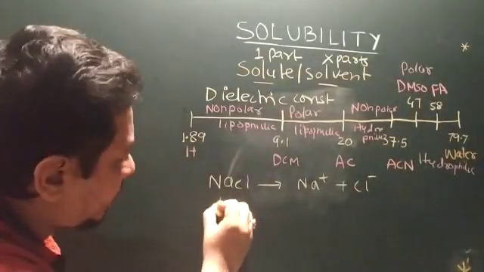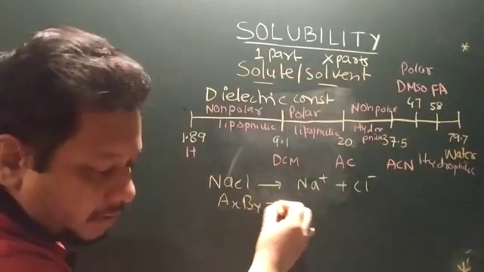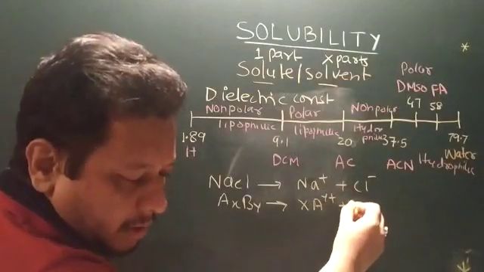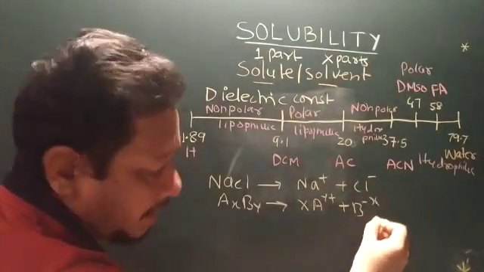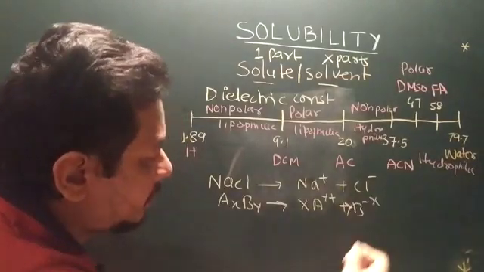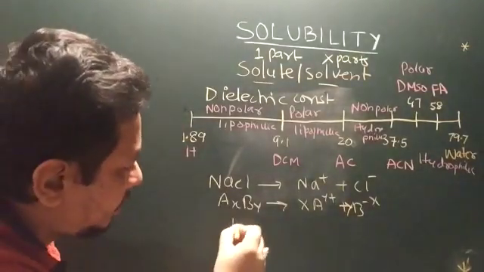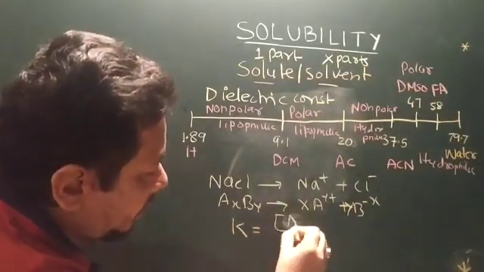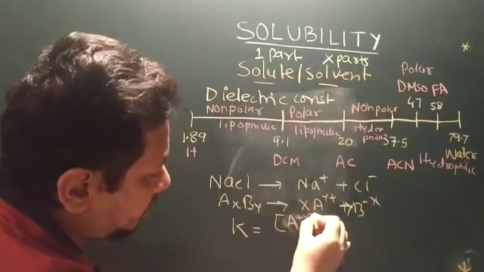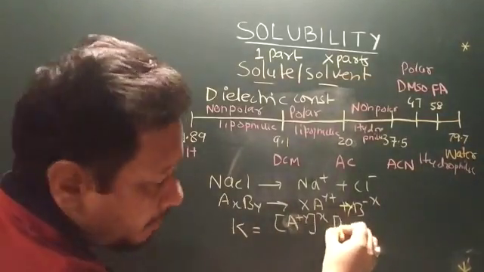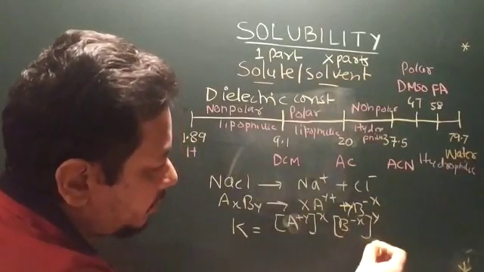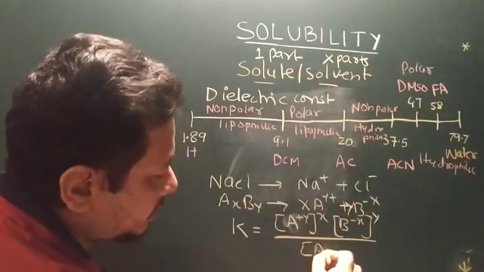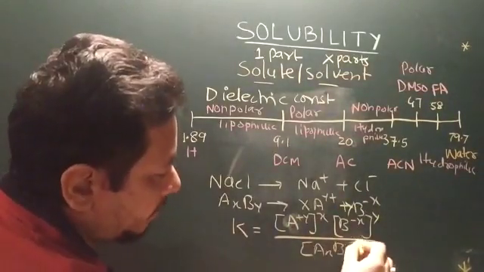If I write the salt as AxBy dissociating into x A to the y plus and y B to the x minus, then the dissociation constant will be A to the y plus to the power x into B to the x minus to the power y, upon AxBy.